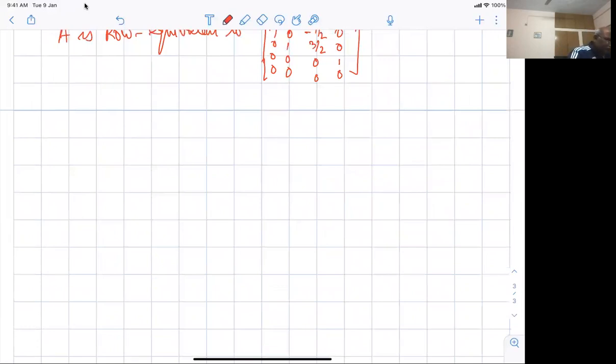So we have this theorem. It's a very important theorem.